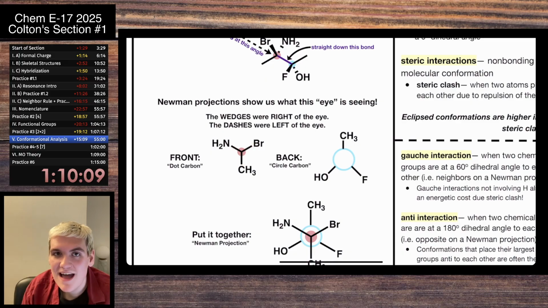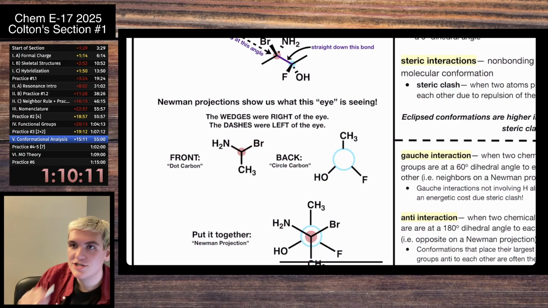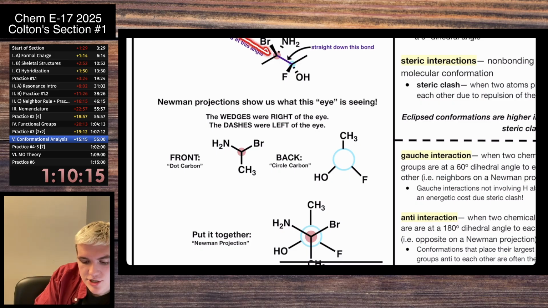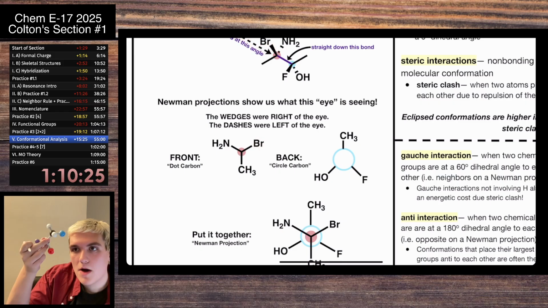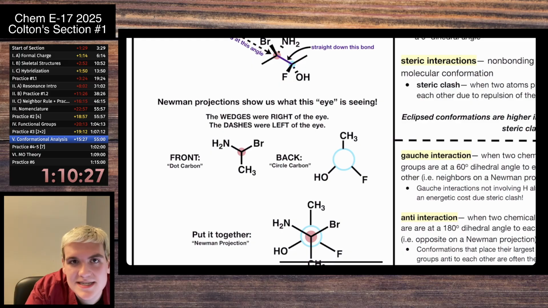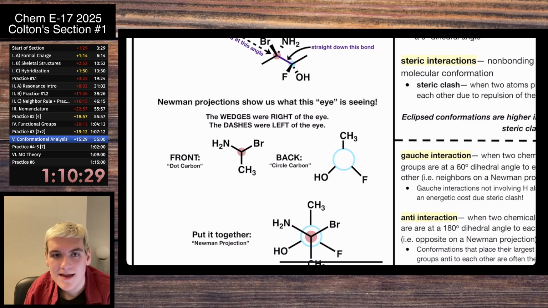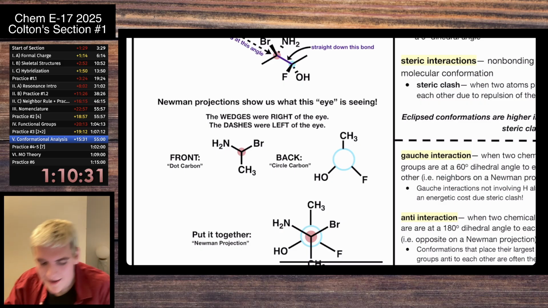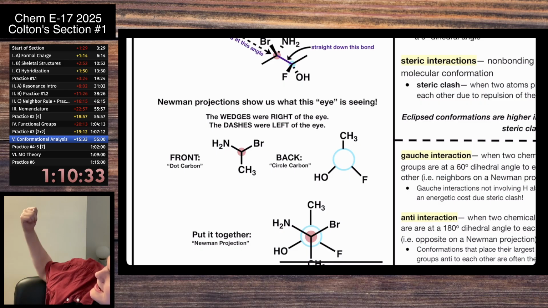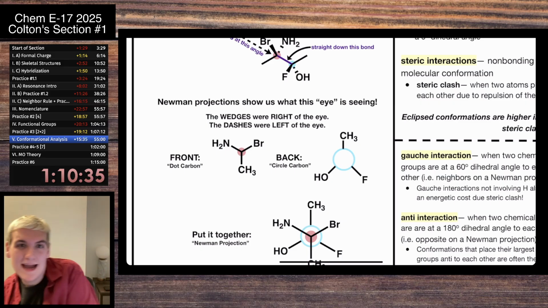And then the big challenge, and the thing that's hard to see visually and get in your mind's eye, is if we are looking at the molecule from this direction and this bromine is coming out of the page, that is going to be on the right side of the eye. And I would highly recommend using a model kit and building this out just to see that relationship, just because it's hard to imagine moving your head to the side and something coming out at you.